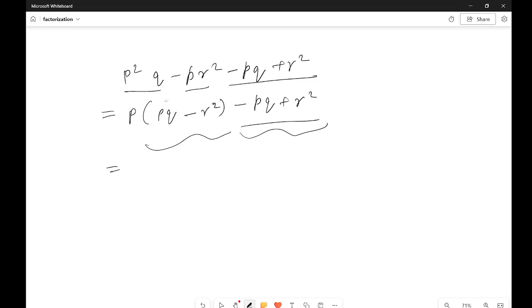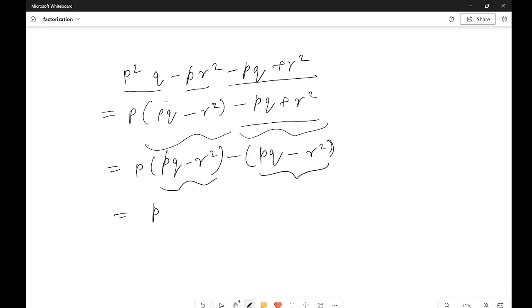So what I will do, I will keep the first expression as it is, pq minus r square. Now if we take minus as a sign common, what will the expression be? This will be q minus r square. Now this entire expression is common, right?